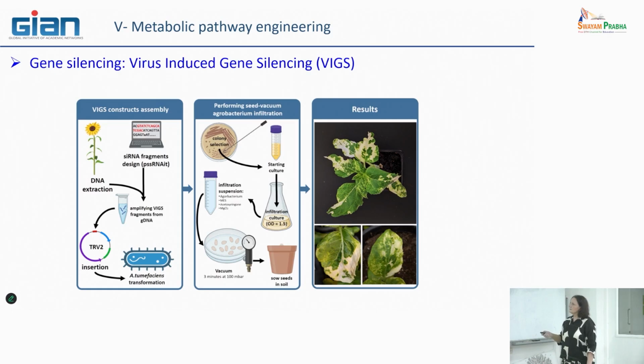What is interesting here is that it's quite easy to see, because the gene that is always used as a control of efficiency of this type of silencing is phytoene desaturase. Phytoene desaturase is one of the enzymes in the metabolic pathway that leads, for example, to phytol, which is used to make chlorophyll.